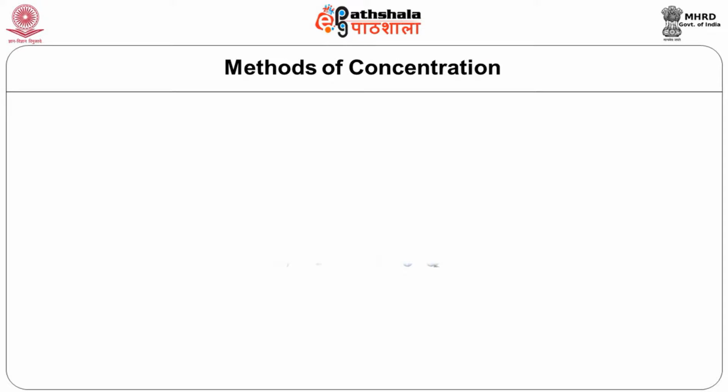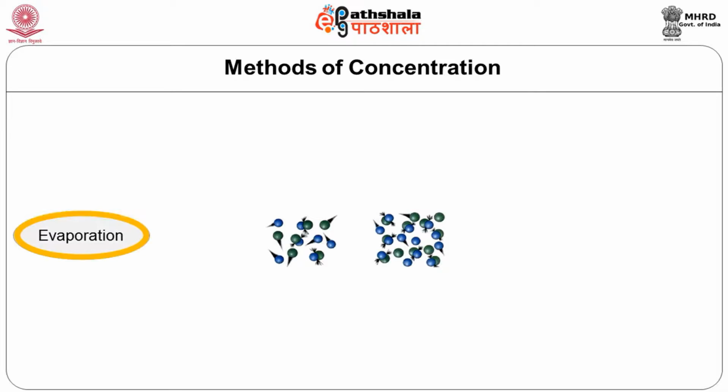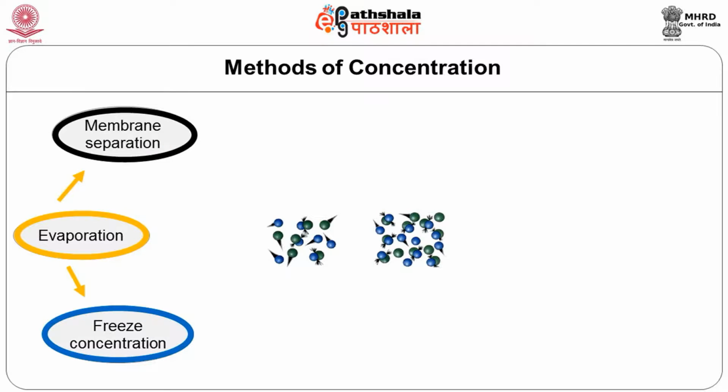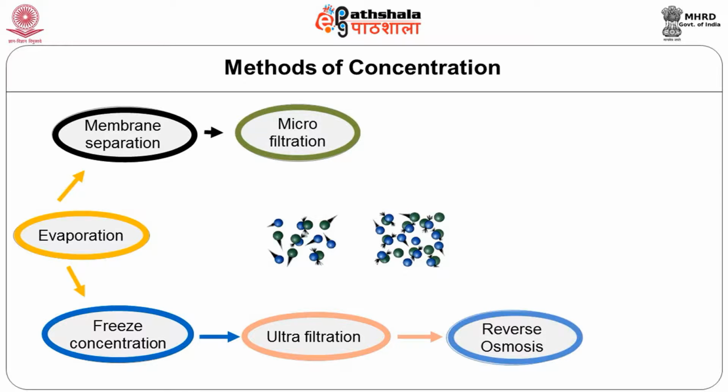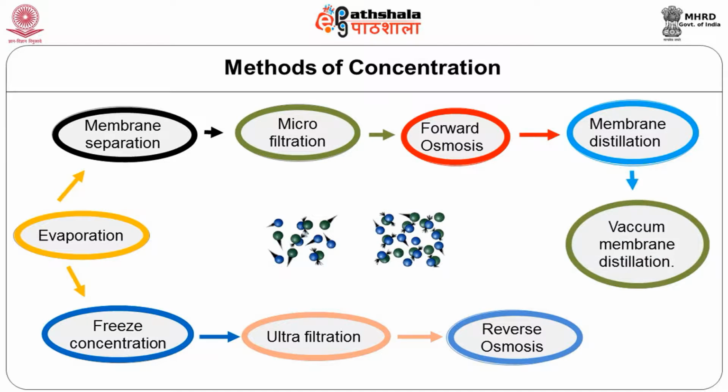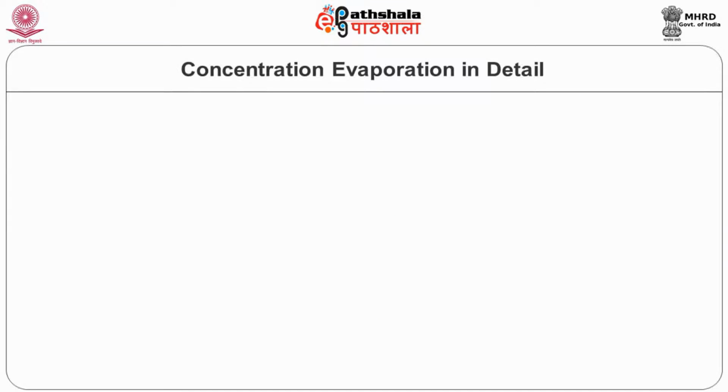The most common methods of concentration are evaporation, freeze concentration, membrane separation, ultrafiltration, microfiltration, reverse osmosis, forward osmosis, membrane distillation, vacuum membrane distillation. Today, I am going to discuss concentration by evaporation in detail.